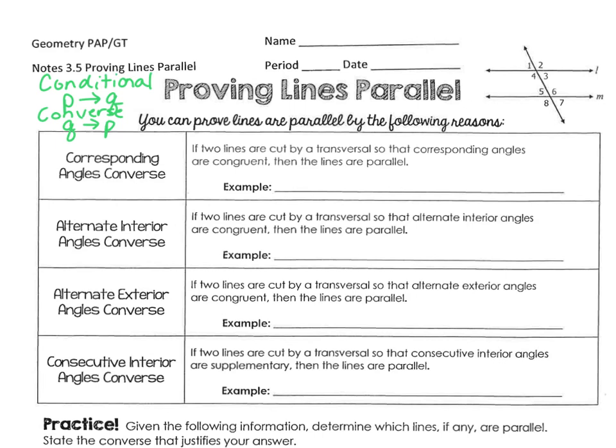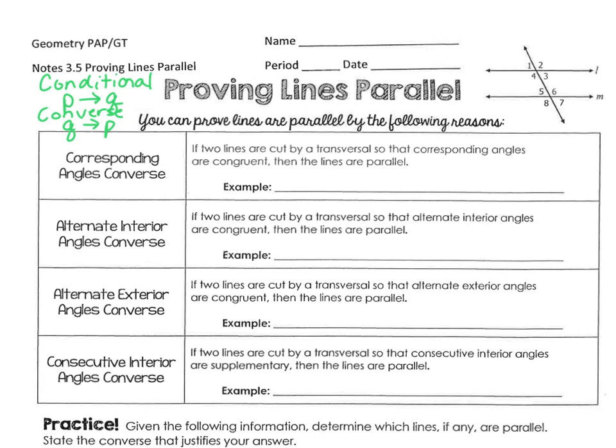So we're going to look at these converse theorems and refer to the diagram in the upper right-hand corner. So our first converse is corresponding angles converse, and it says if two lines are cut by a transversal so that corresponding angles are congruent, then the lines are parallel. So notice we're saying if we have corresponding angles that are congruent, then the lines are parallel.